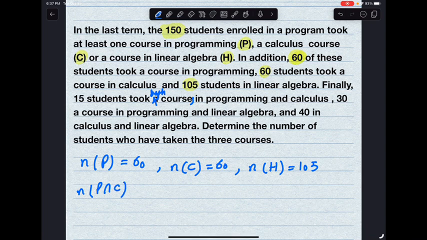So we use intersection. It means students in programming and calculus, all the students who enrolled in both calculus and programming. So what is the number? It is 15.